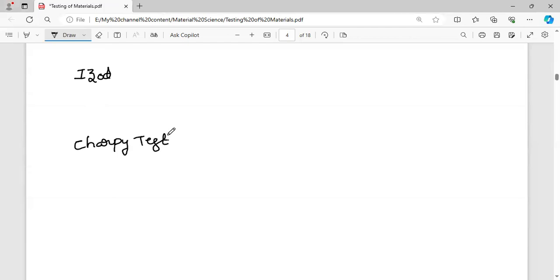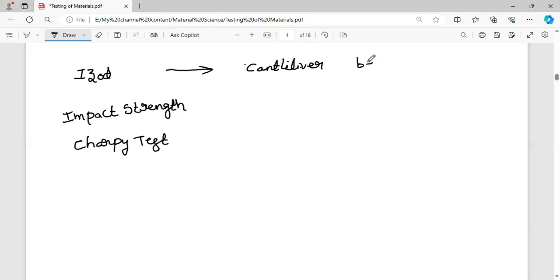These two tests can be used to measure the impact strength of the material. In the Izod test, what they ask in the competitive examination is that the test specimen is mounted as a cantilever beam.